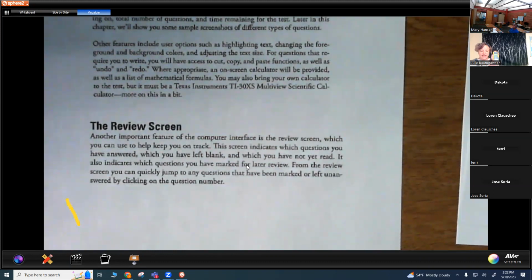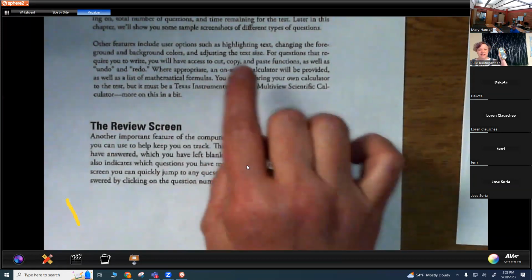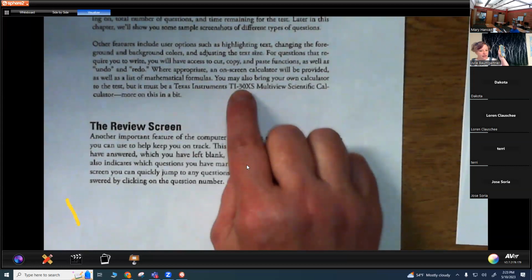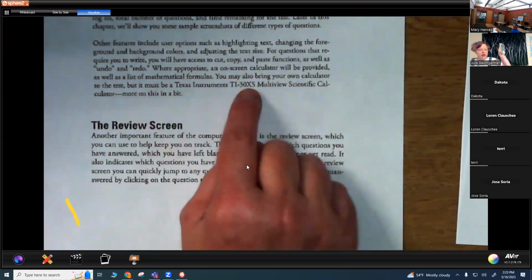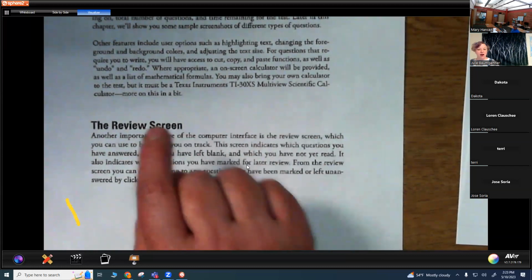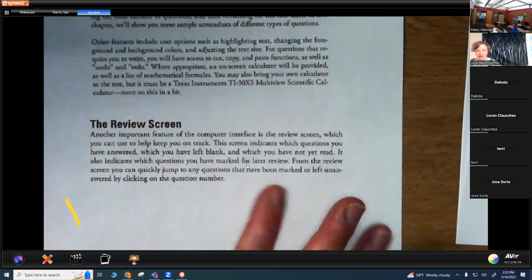If you're going to take the math test and you don't have this calculator, you can borrow one from me. But if you choose to take the test online at home, you can only use the on-screen calculator, which is a real pain. So you have to bring your own calculator. It has to be this specific brand of calculator. It must be this one. We have them, you can come borrow them. I just want to let you know about that.